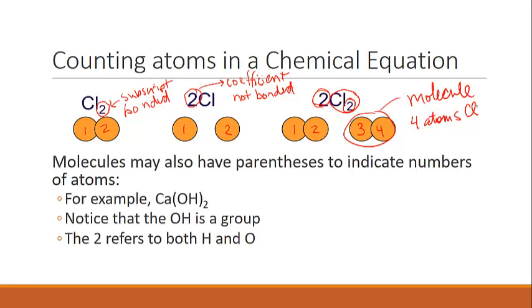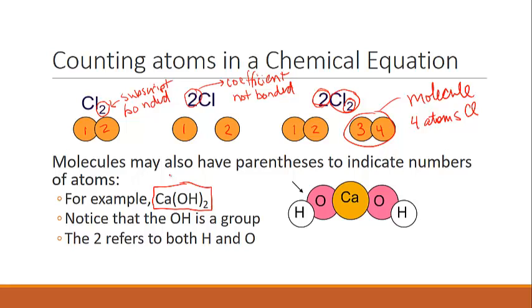We can also see that some molecules may have parentheses to indicate numbers of atoms. So for example, if we see this formula here, this is called calcium hydroxide. And if we were to draw a picture of that, we would see that the OH is a unit. And this subscript means that I have 2 of these units.